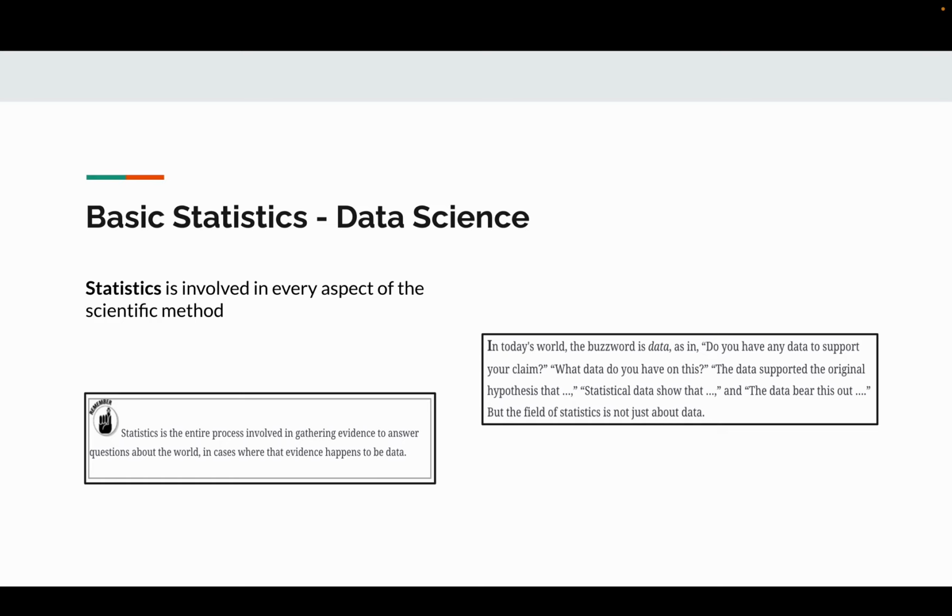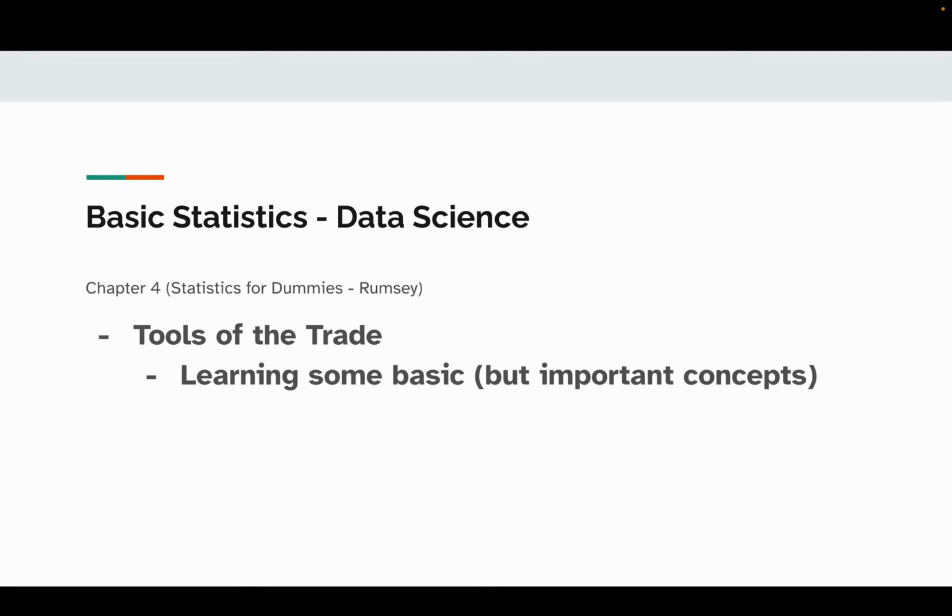So your data is your everything, and you have to use the right data to do a right experimental setup and come up with your conclusion. So that's why it's very important that we learn the basic statistical concepts quite properly.